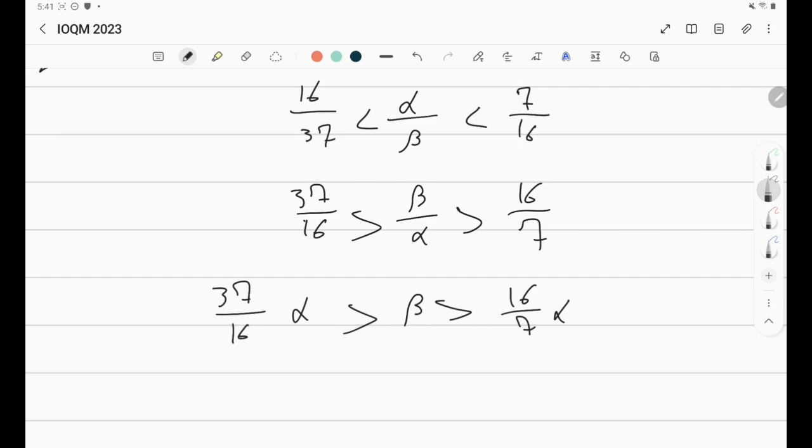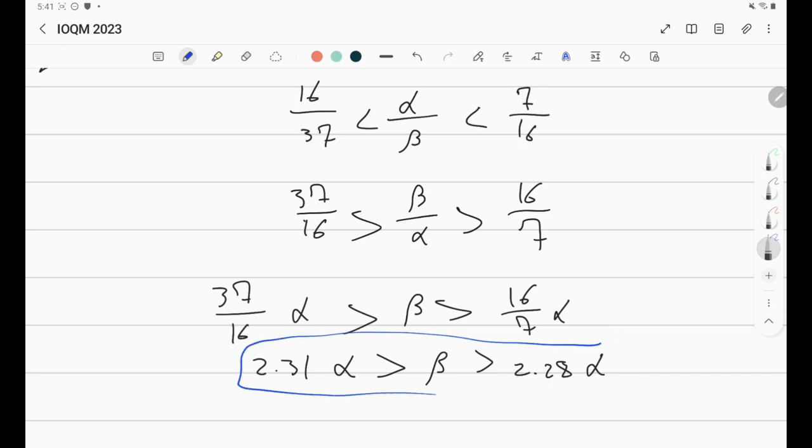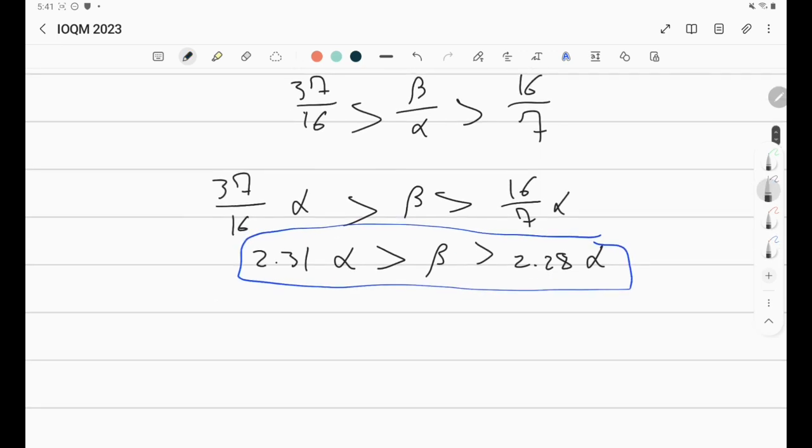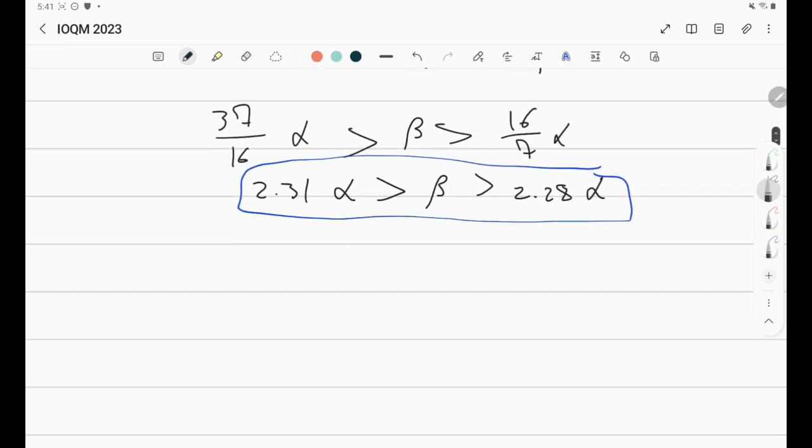16 over 7 is just going to be 2.28. Of course, this is an approximation, and this other number is going to be 2.31 alpha. So if you just look at this now, of course, what we're going to be doing is trying alpha equals 1, for example.